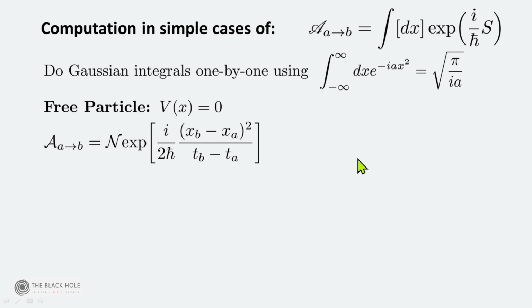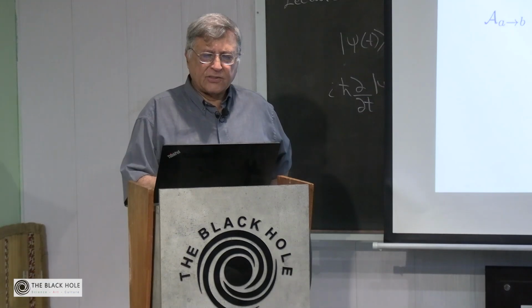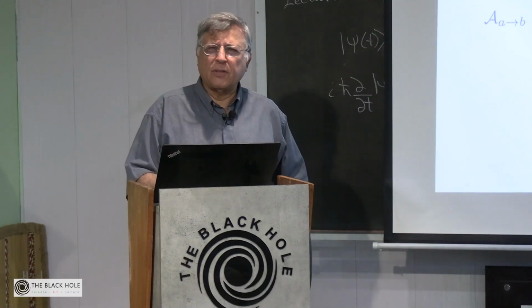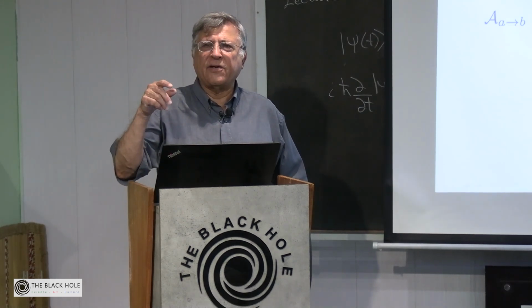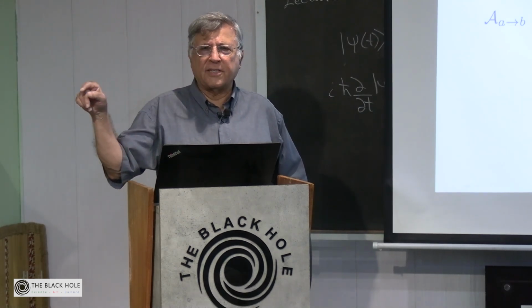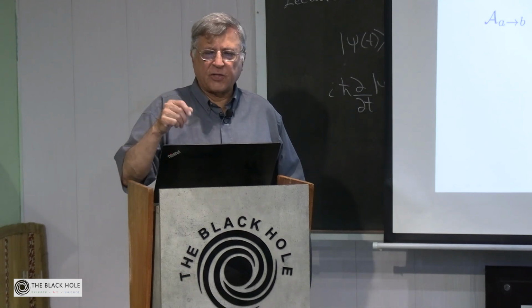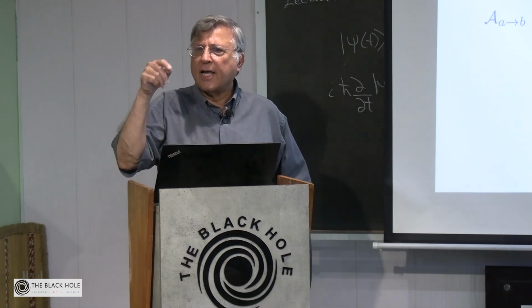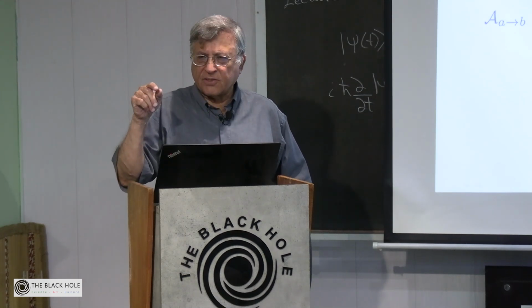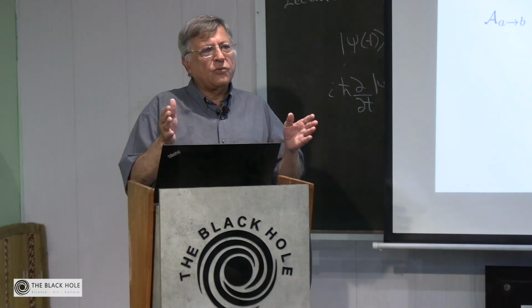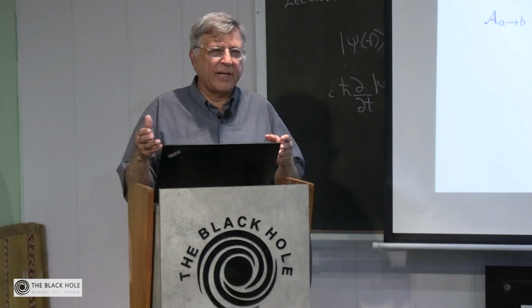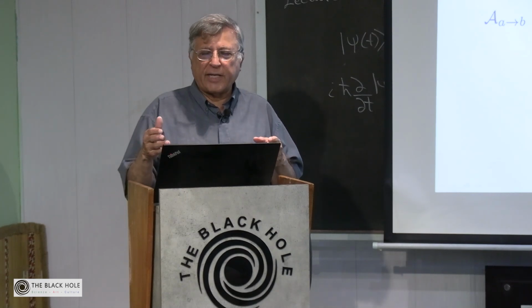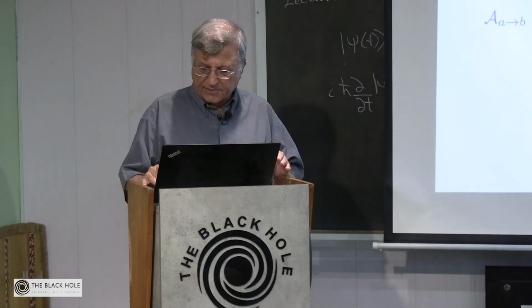By the way, how would you calculate this? It's quite simple. When you take the integral dx1, dx2 up till dxn, and you have the exponential of epsilon times the Lagrangian, you just do the integration in the normal way by completing squares, and that's how you get this answer.